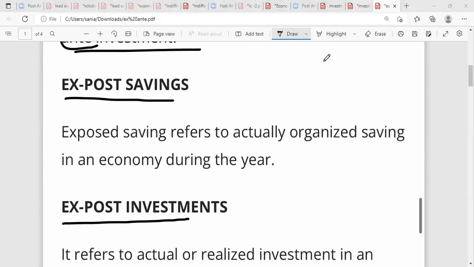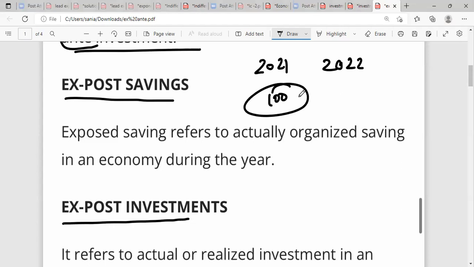Now ex post saving. For example, this is year 22. For year 21, I saved 100 rupees. This is the actual amount I saved. The one we are planning to save in future is ex ante, and the one which we saved earlier is ex post.